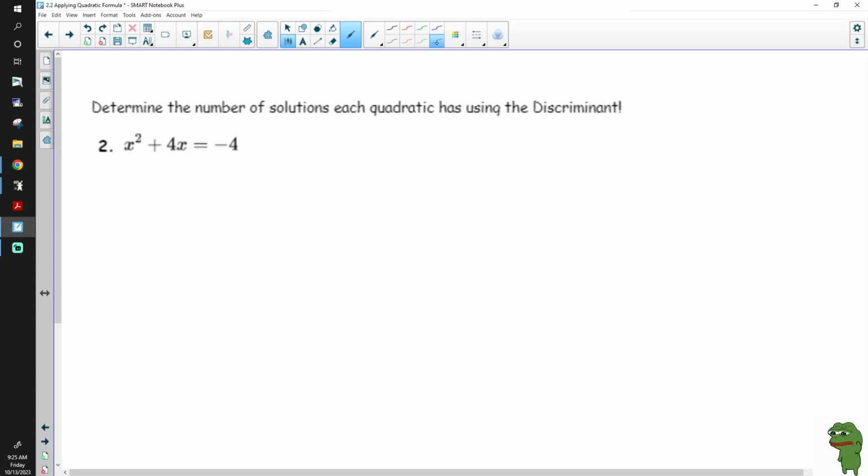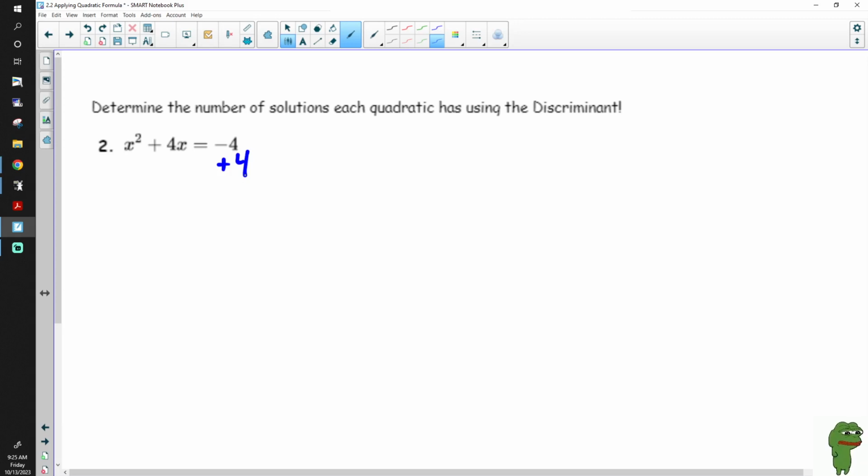The opposite of negative is positive. The opposite of minus is adding. So I'm going to add 4 to the right side, which means I have to add 4 to the left side. But let's just take a second. There's no like terms. I can't add a 4 to an x squared. I can't add a 4 to a 4x. So what am I going to do with it?